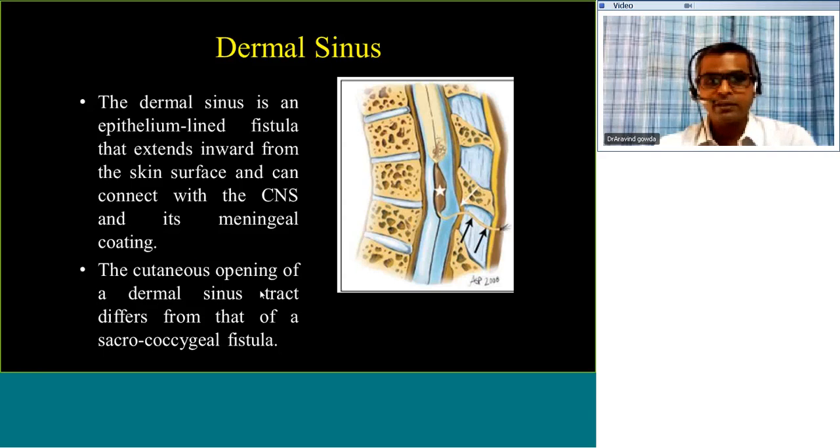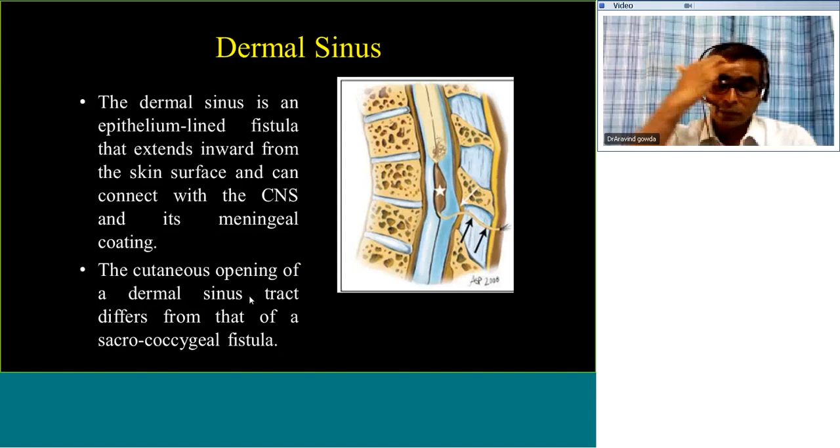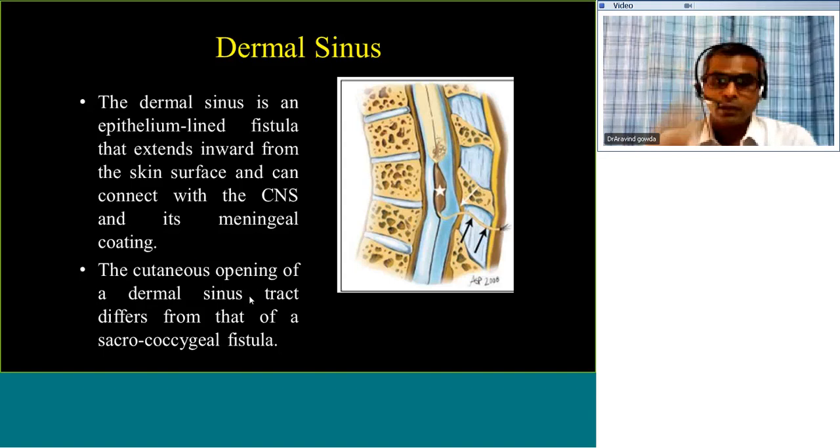What is more important is this may be associated with other abnormalities like tight filum terminale, filar lipoma, or a low-lying cord, and because of the tethering of the cord. It may also communicate with the spinal canal at various levels.